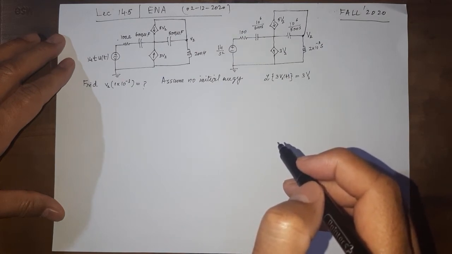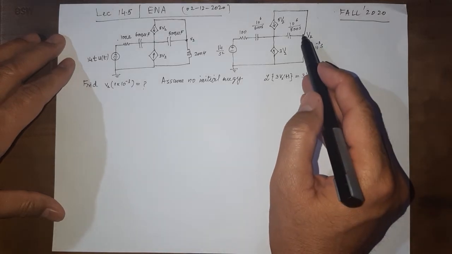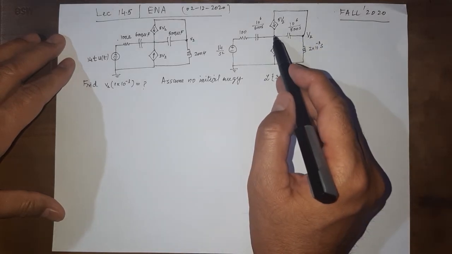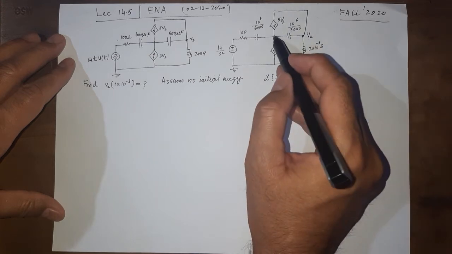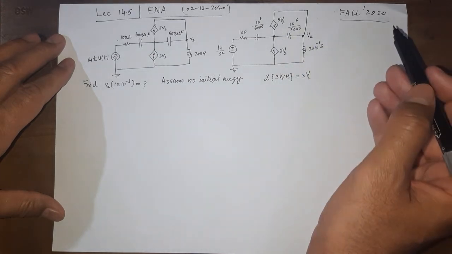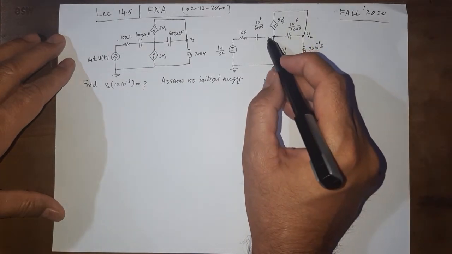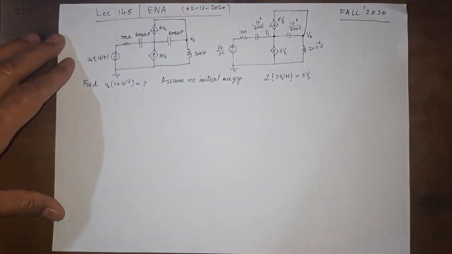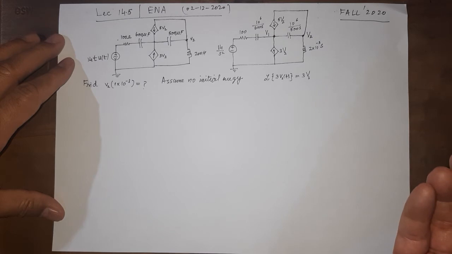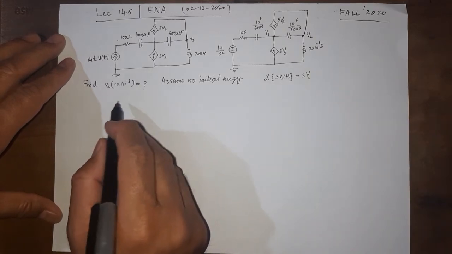Now since we need to find this V2 and we have an essential node in here as well, I believe we have no other easy option except that we assume this to be V1 and use the node voltage method to write the equations at least.